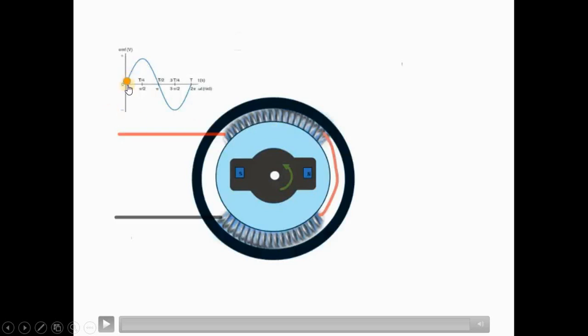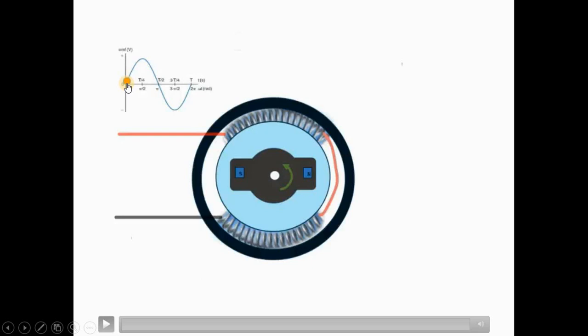This red ball shows the induced EMF. So induced EMF is now 0. And when this rotor is rotated in anti-clockwise direction, the north pole moves towards the coil. When the north pole moves towards the coil, flux linking with the coil will increase.